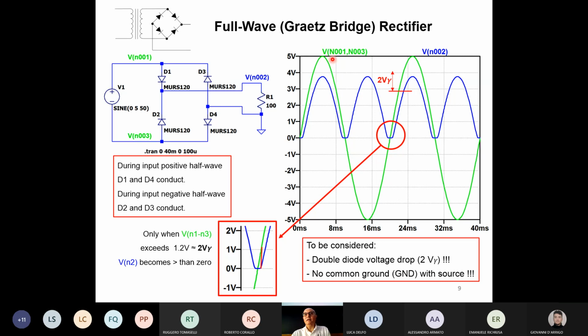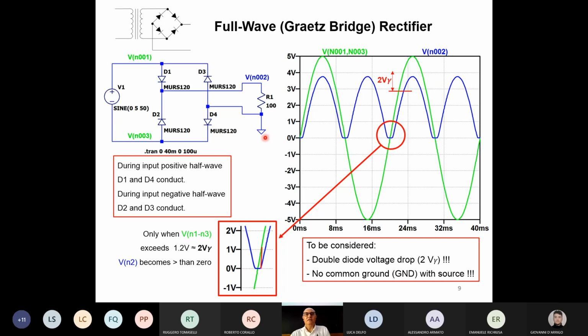But I did not use here the voltage of one node, but here it is indicated V node 1, node 3. This means that the system is taking the difference between node 1 and node 3. Why? Simply because I didn't put the ground here, but I had to put the ground on this side. So if I have to put the ground on this side, I cannot consider the voltage of a single node to get the total voltage across the generator.